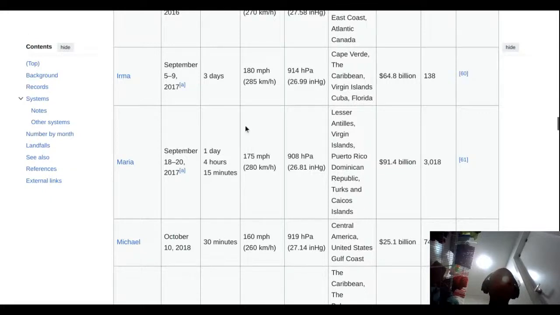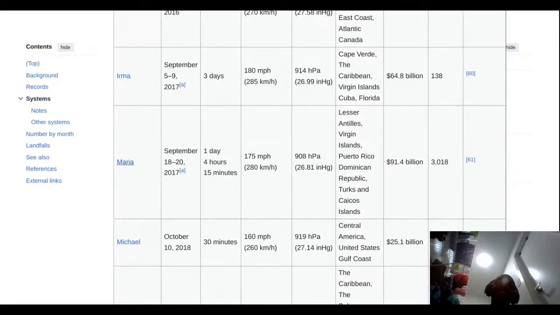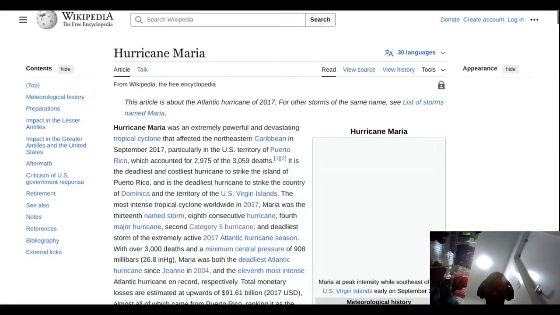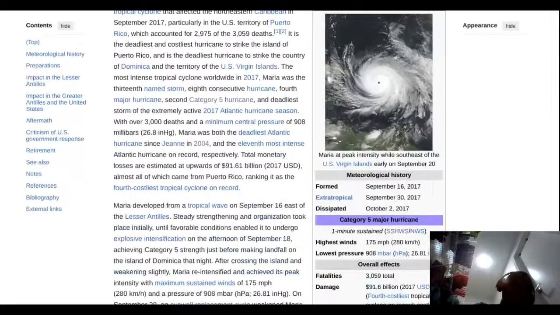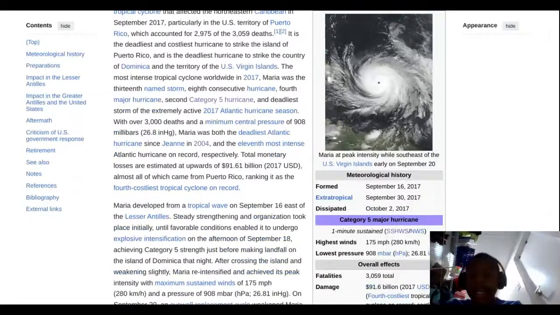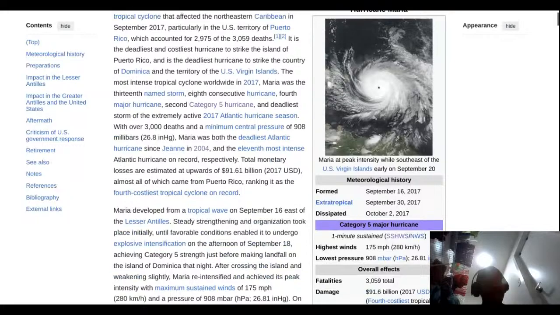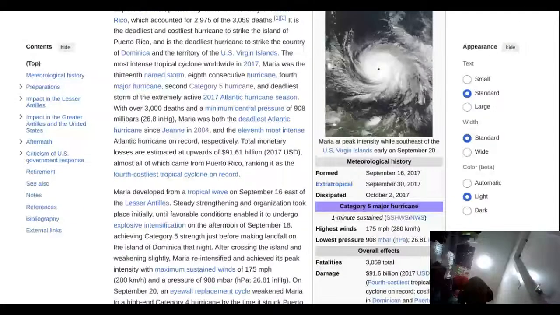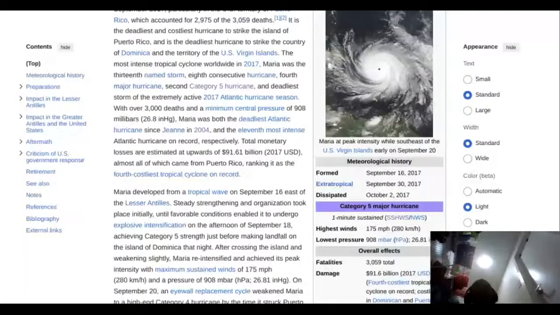Next is my favorite, and she touched down about the same year after Matthew. She touched down in 2017. And it's basically my ex's name from elementary, Hurricane Maria. 2017 and dissipated on October 7th, 2017 or October 2nd, 2017.